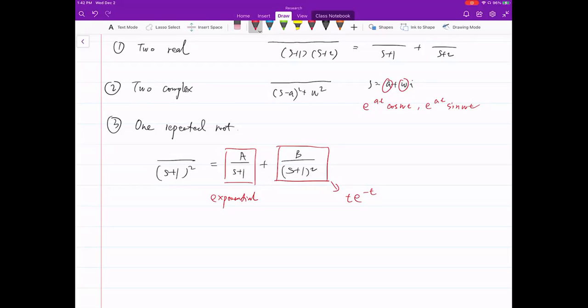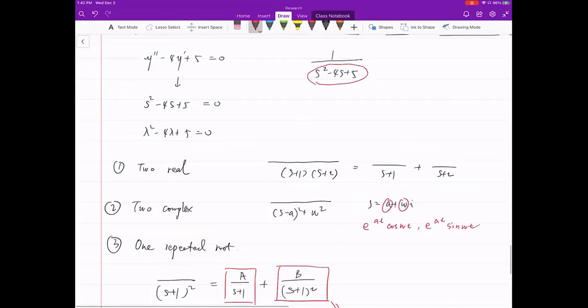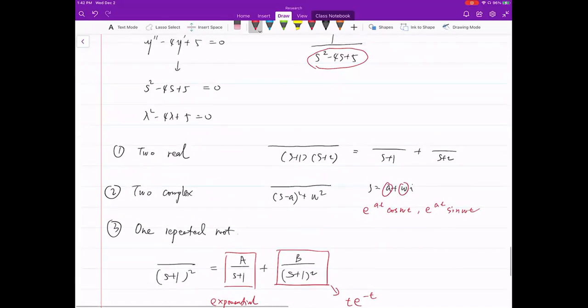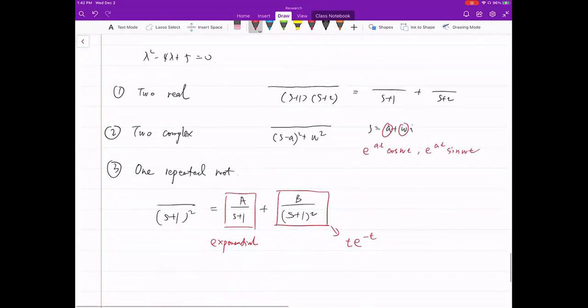Irreducible quadratic goes to complex, which is exponential times sine and cosine. And if you have something other than s squared plus something, you just complete the square. Once you complete the square, you just shift the whole sine cosine by multiplying by an exponential. That's it. Sounds good?